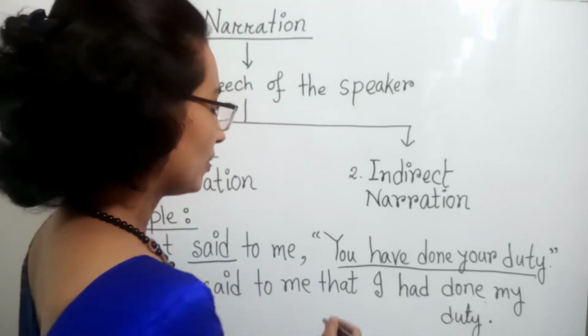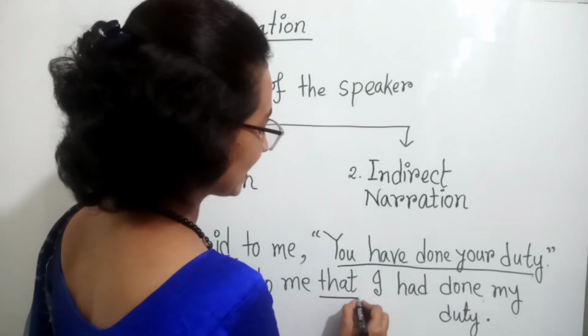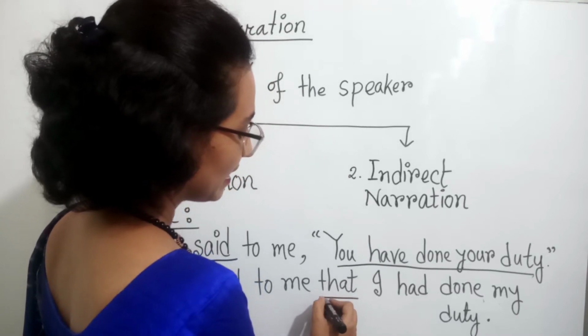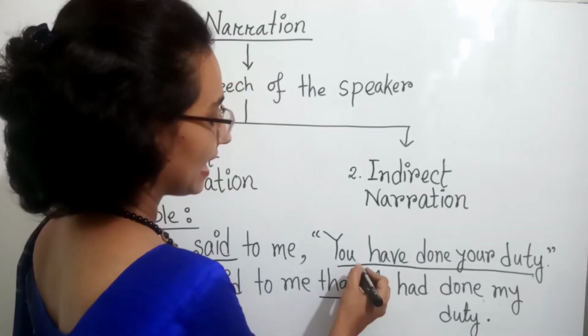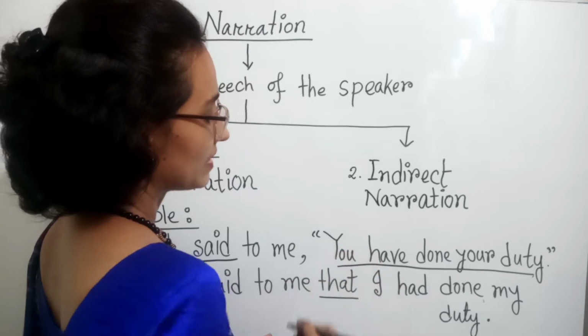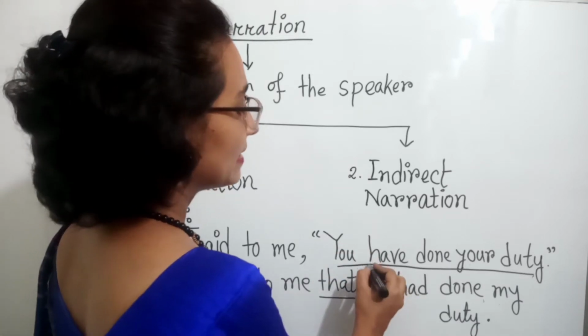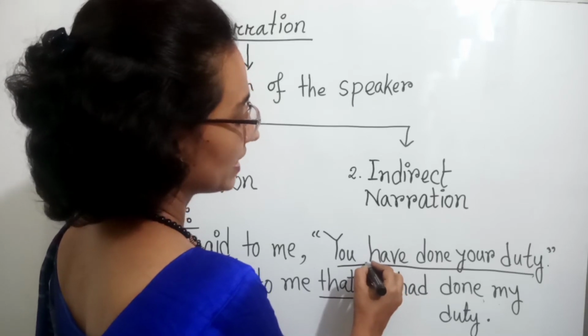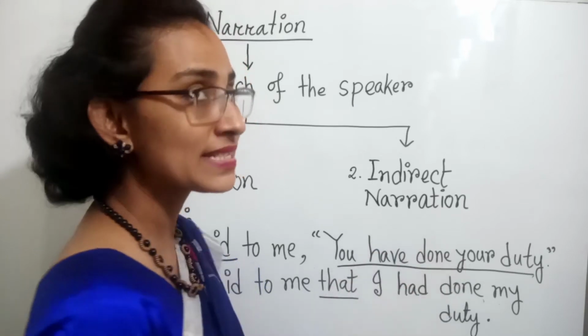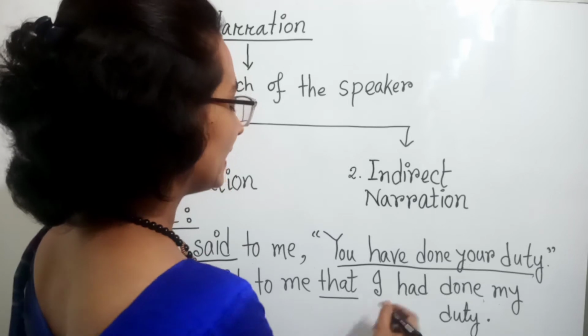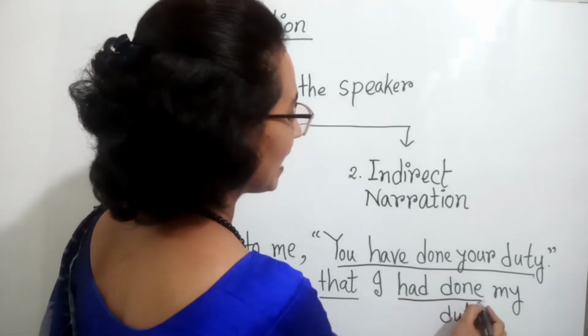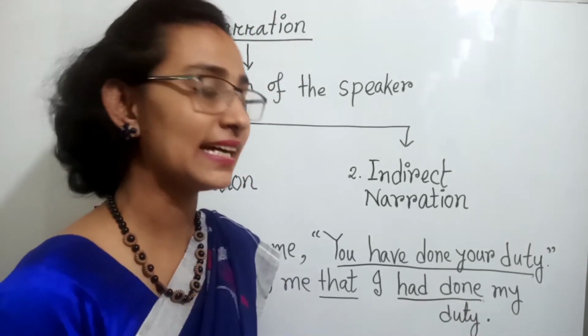Here, I wrote a complex sentence. I am using here that, and I change here subject I and the tense of the verb. In direct speech, I wrote here I have done. It's a present perfect tense. But in the indirect speech, I wrote here I had done.